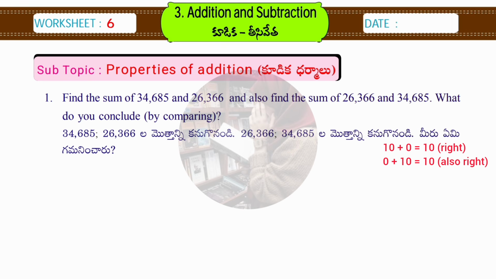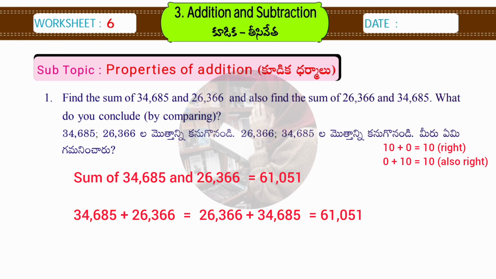In the same way we have to do this sum. Firstly we sum 34,685 plus 26,366. Again we do the addition of the same numbers by shifting their places, 26,366 plus 34,685, but the answer will be the same. This type of comparing we call the additive property. In the coming classes, in the upper classes, you will get to know this in detail. For now this knowledge is enough for you.